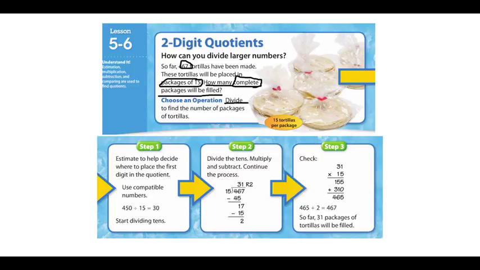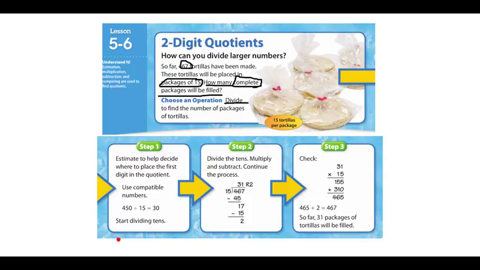We do that by using compatible numbers, and they did that for us right down here. They changed the 467 to 450 because that's compatible with 15. So 450 divided by 15: 15 must go into 45 three times, and there's a 0 here, so there needs to be a 0 in the quotient.